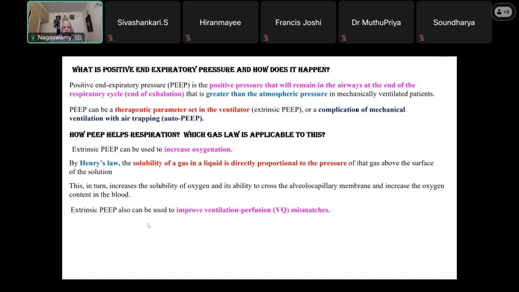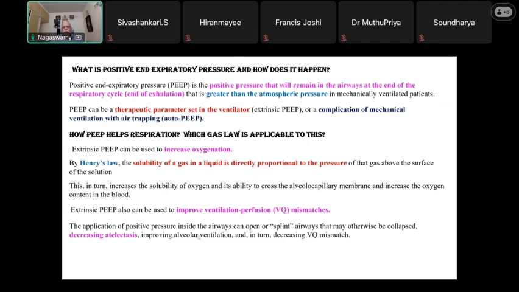So extrinsic PEEP can be used to improve ventilation perfusion mismatches. The application of positive pressure inside the airway can keep the airway splinted open without collapsing, decreases atelectasis, and thereby improves the ventilation, and in turn decreases the VQ mismatch. Extrinsic PEEP also significantly decreases the work of breathing. These are the few points that you have to remember.